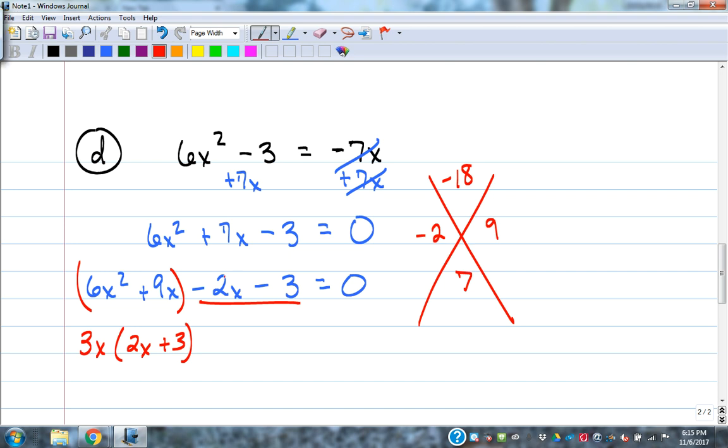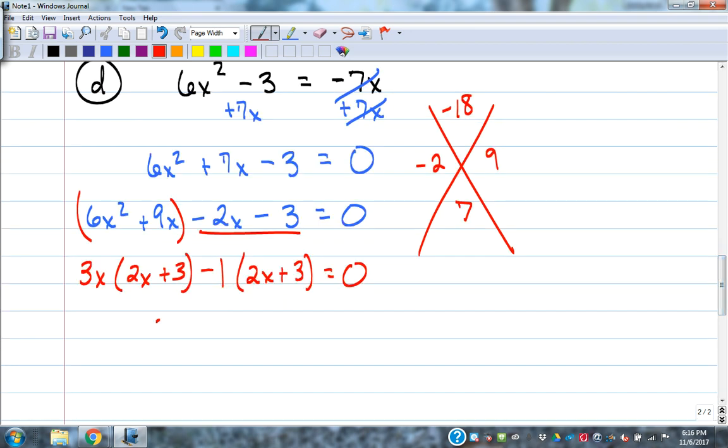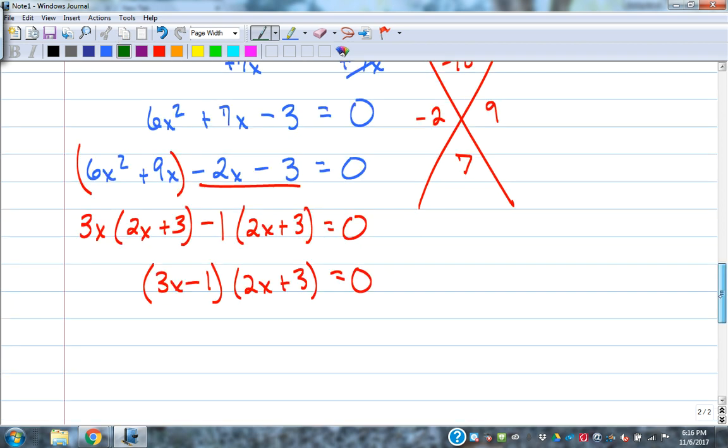Yeah, 1, and because they're both minuses, I can make it a negative 1. That'll turn it into 2x plus 3 in the parentheses. That gives me my factors: 3x minus 1 and 2x plus 3. So there's the factored form. Then I take each of those and set them equal to 0.